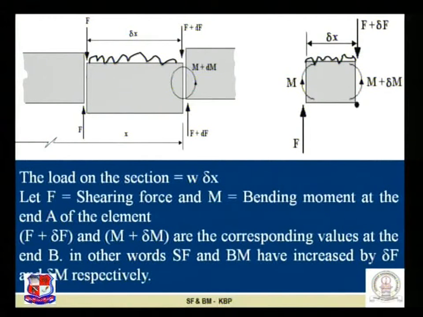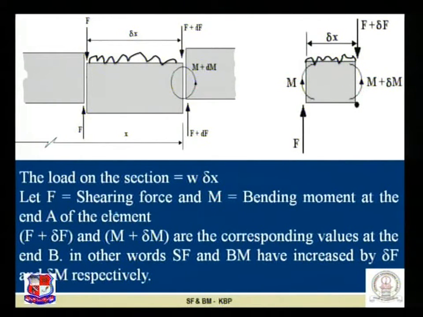Please refer to the figure once again. This is one kind of external load. Let us assume a uniformly distributed load w acting on the short span. If I convert the load into a point load, then the load acting on this section delta x is w into delta x, load multiplied by the total distance on which the load is acting.